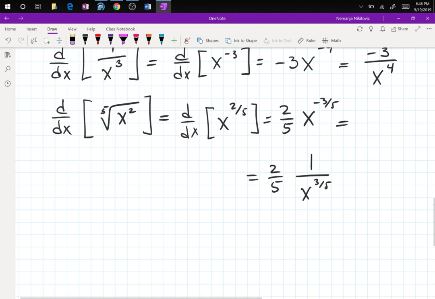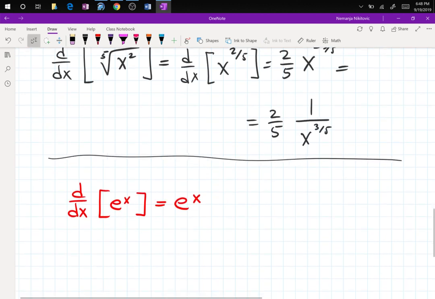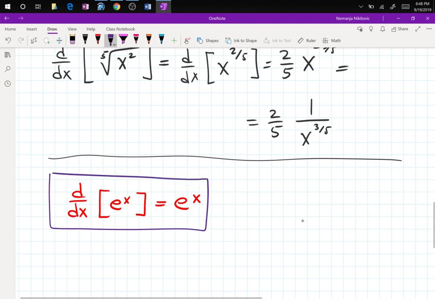Next one. The derivative of e to the x is e to the x. Awesome, right? This is the only function that returns itself as a derivative.